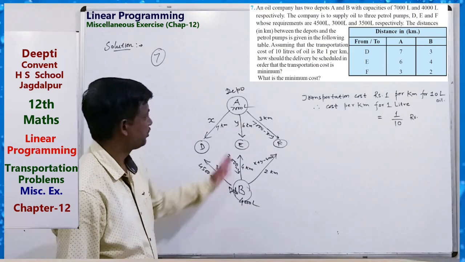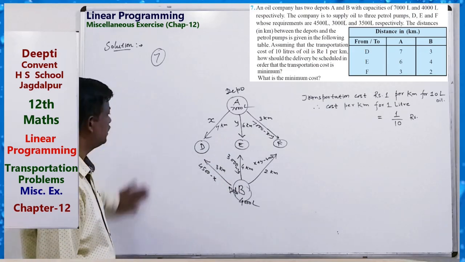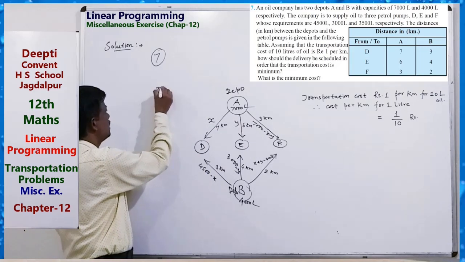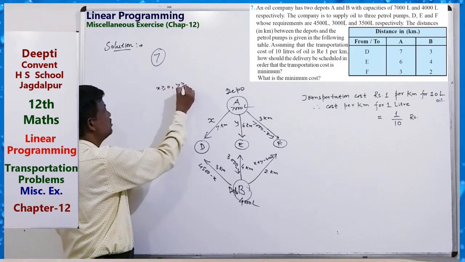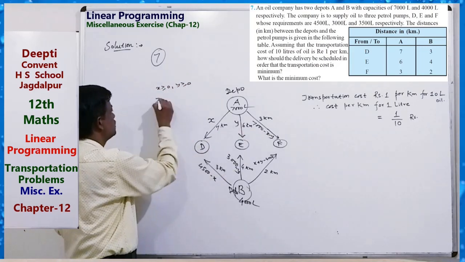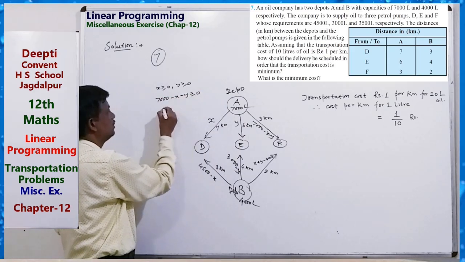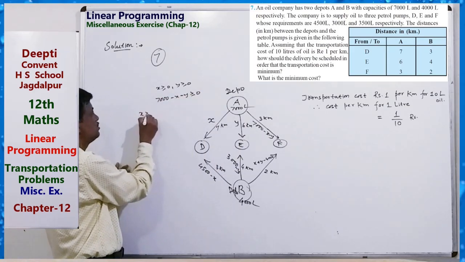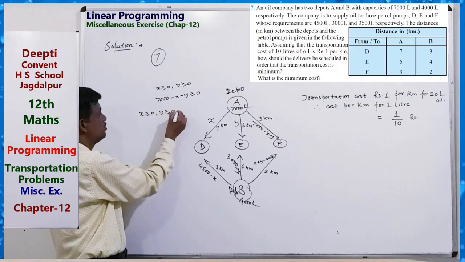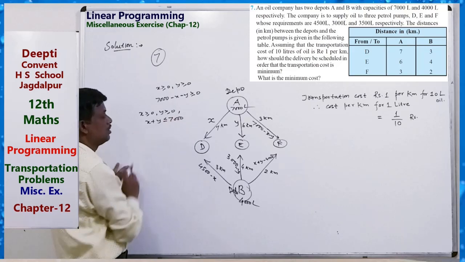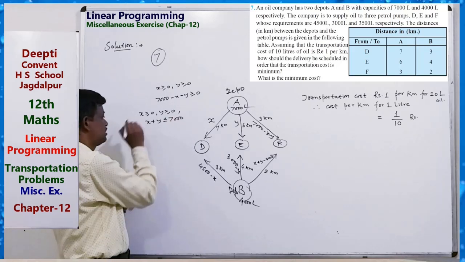Here, this is greater than or equal to 0. This means x is greater than or equal to 0, y is greater than or equal to 0, and 7000 minus x minus y is greater than or equal to 0. That is, x greater than or equal to 0, y greater than or equal to 0, and x plus y less than or equal to 7000. This is the first set.